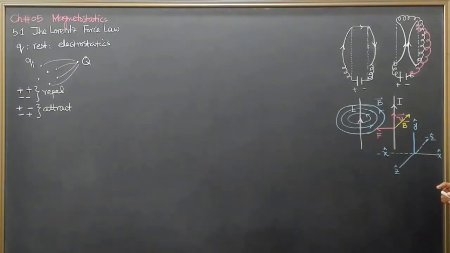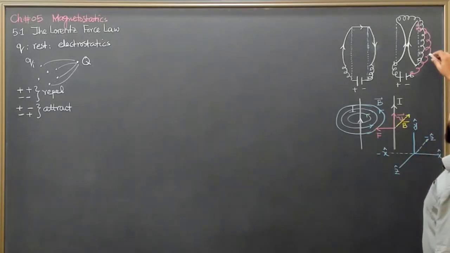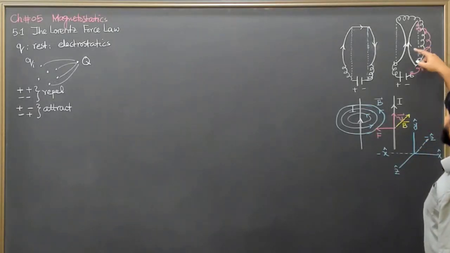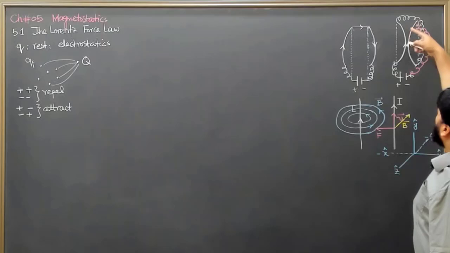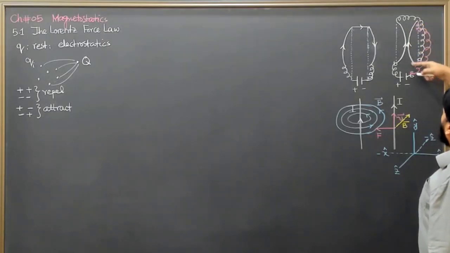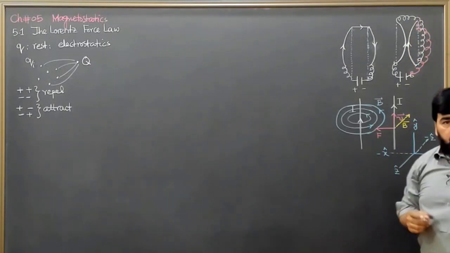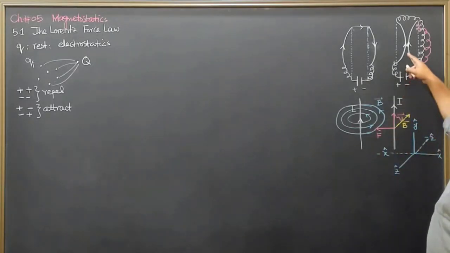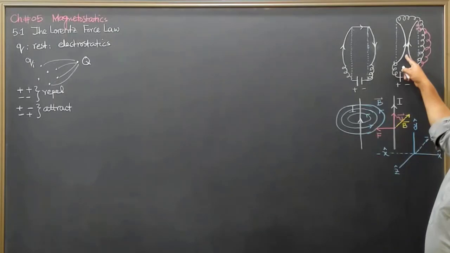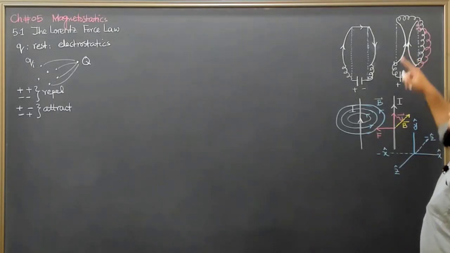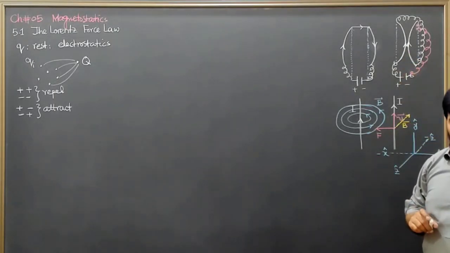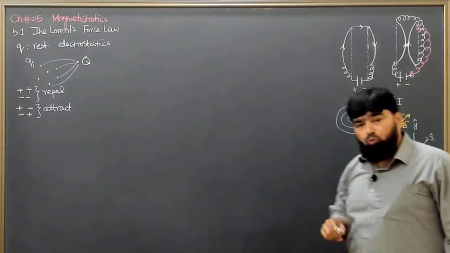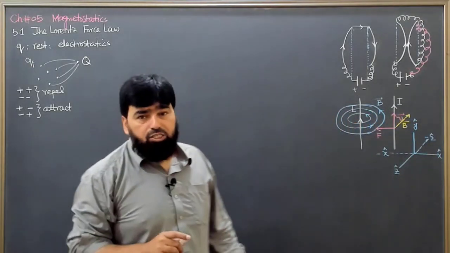Now, if we arrange it so that the current goes from plus and then comes here and then moves this way, the current is basically going in the same direction, because in this one the current goes this way, and then in this the current goes in the same direction. So for same-direction conductors, we see that they are attracting each other. Now, where does this force arise from?